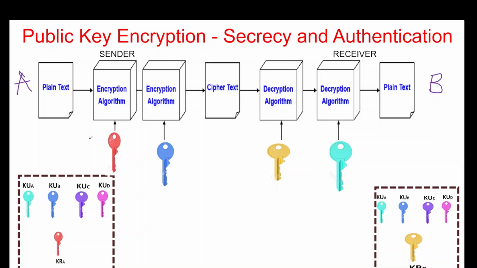Now we are going to use encryption two times. First I am going to use the private key of the sender, the private key of user A, to encrypt the message.